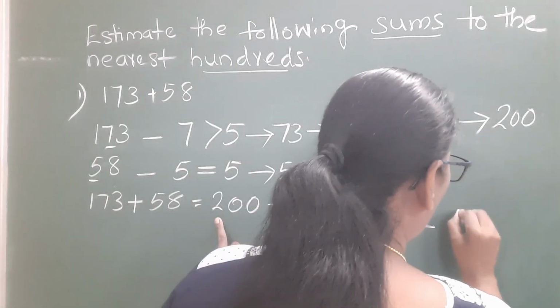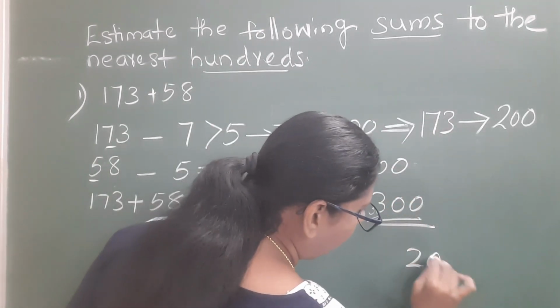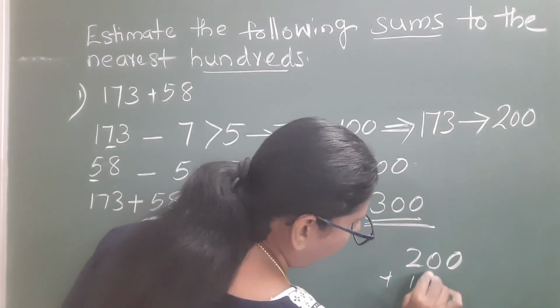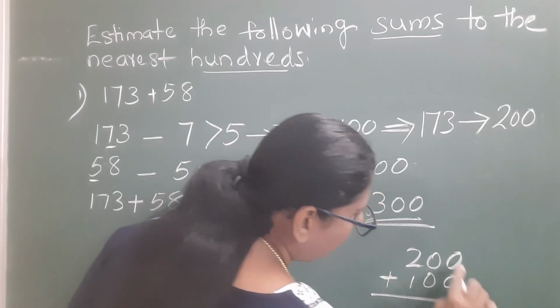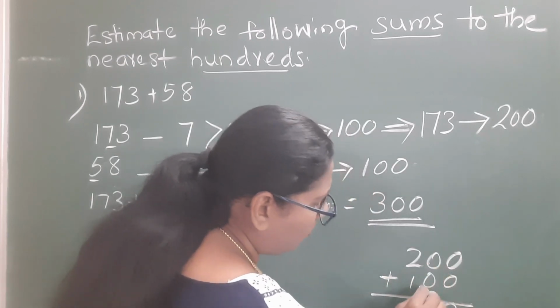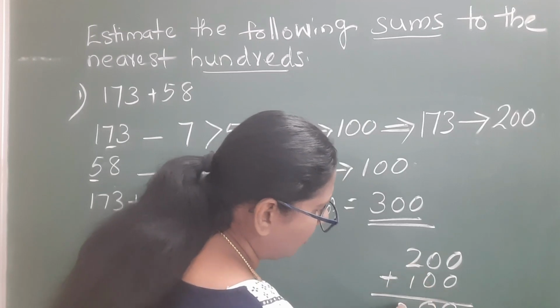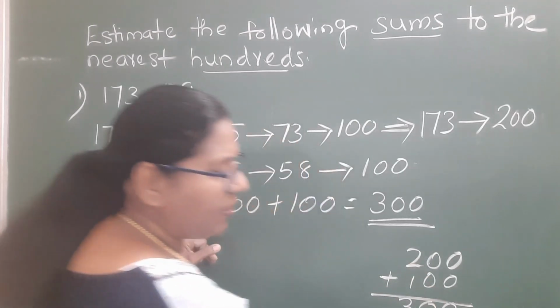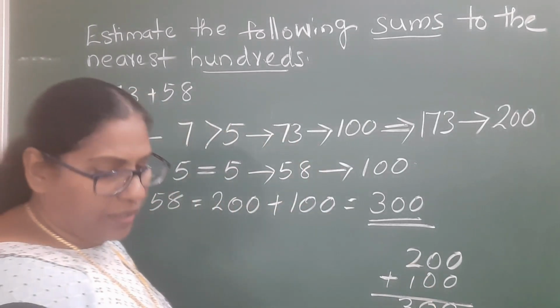If you want to do the addition, you can do it here. 200 plus 100. 0 plus 0 is equal to 0, 0 plus 0 is equal to 0, 2 plus 1 is equal to 3. So we got the answer 300.